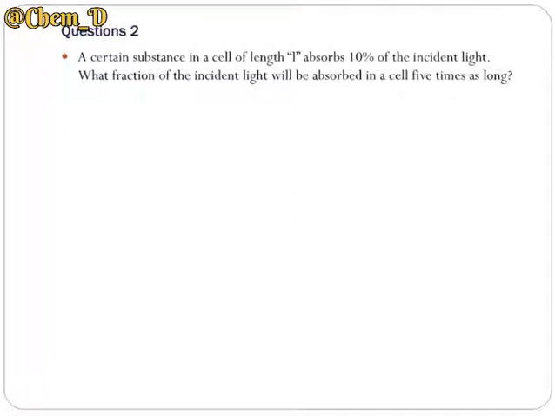So if we take another cell whose length is 5 times the previous cell length, that means if this one cell has length L, another cell is 5L. So what fraction of the incident light will be absorbed by this cell? We need to calculate.